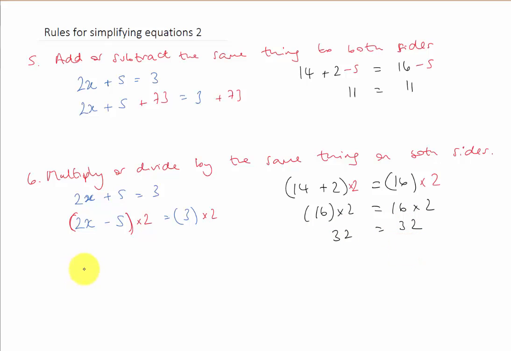And same thing with division, we could say 14 plus 2 all divided by 2. I've made that into a fraction, but I could have done a division sign like that. These two ways of writing the division are equivalent. In both cases that would end up as 8 is equal to 8. And you'll see why that's going to be useful in a minute.